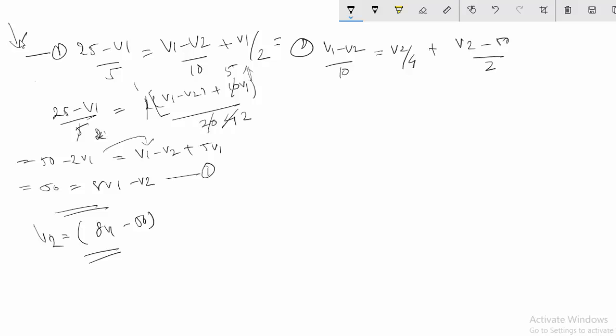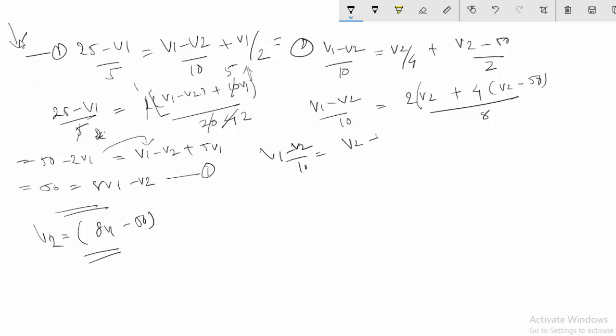So again you are simplifying that, so it will remain v1 minus v2 by 10 is equal to 2v2 plus 4 into v2 minus 50 divided by 8. So again you can take a 2 common, so what you will be remaining is v1 minus v2 divided by 10 is equal to v2 plus 2 v2 minus 50 divided by 4.